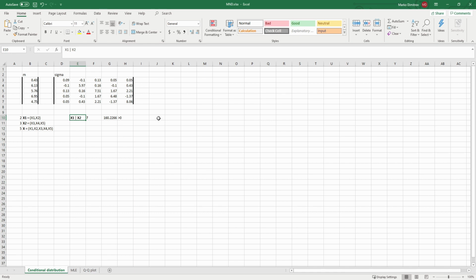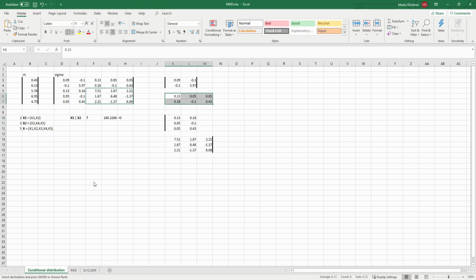Okay, so first we know that sigma 1, 1 is going to be this here. So this one is our sigma 1, 1. Then sigma 1, 2 is this one, sigma 2, 1, and sigma 2, 2.